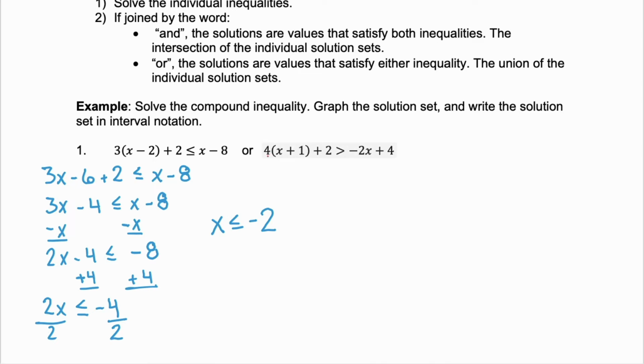We need to distribute this 4 through the parentheses on the left-hand side, which is 4x plus 4 plus 2, which is greater than -2x plus 4. Combine those like terms on the left, and we have 4x plus 6 is greater than -2x plus 4.